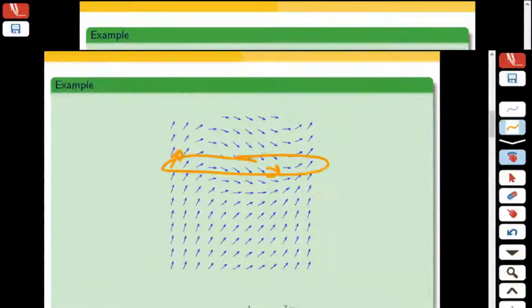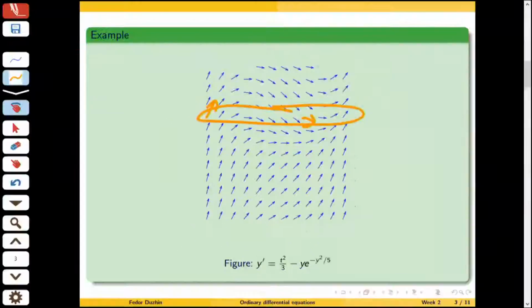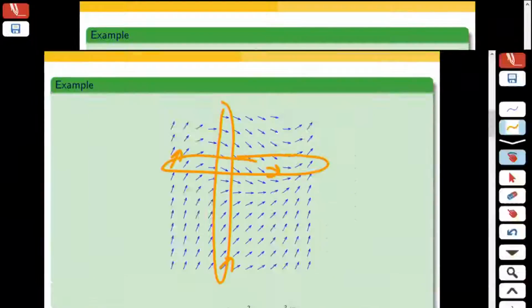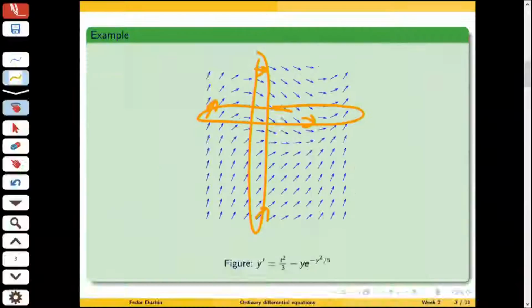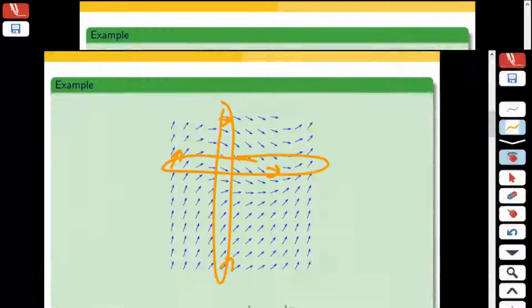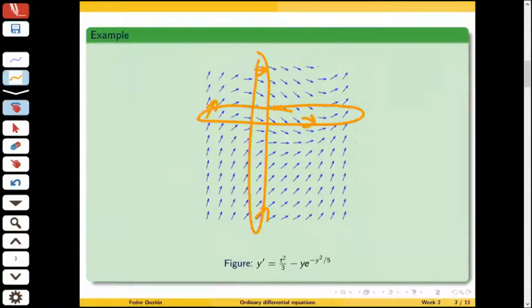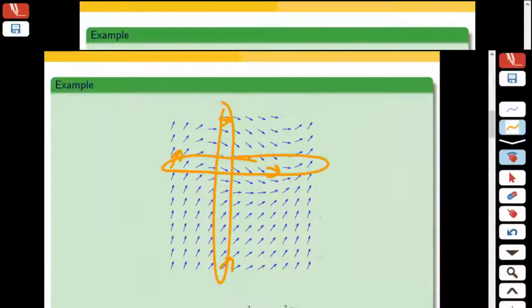So arrows along this horizontal line are different, and the same for vertical lines. Here, this arrow is different from this arrow. Since they're different, it is not true that all arrows along every vertical line or every horizontal line are the same. So this vector field is not invariant under vertical translation or horizontal translation.